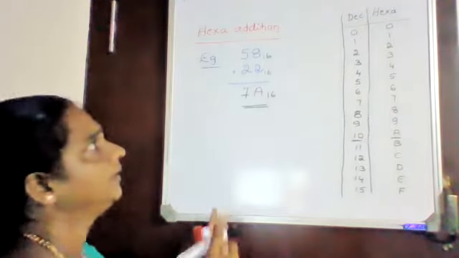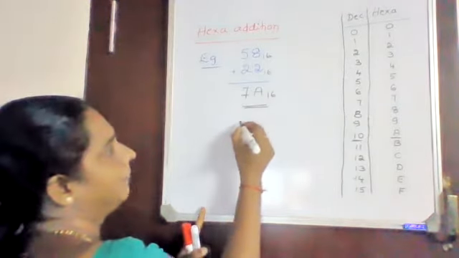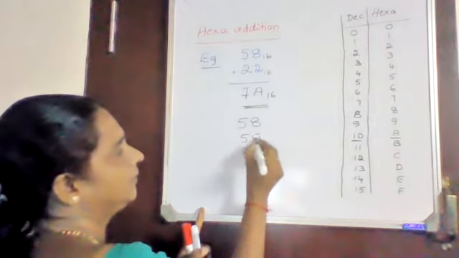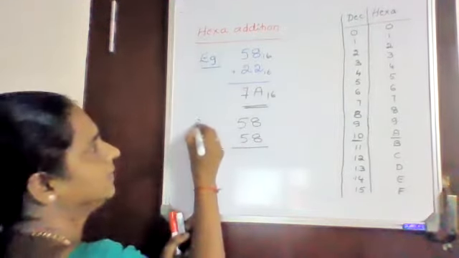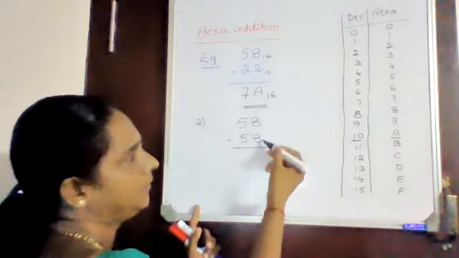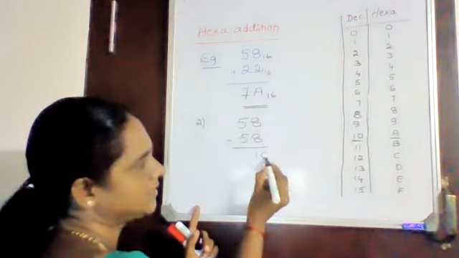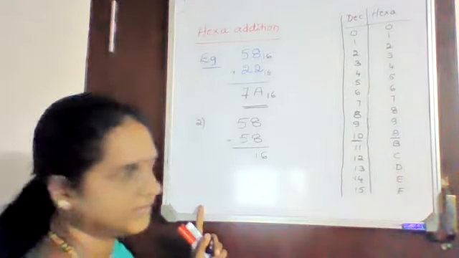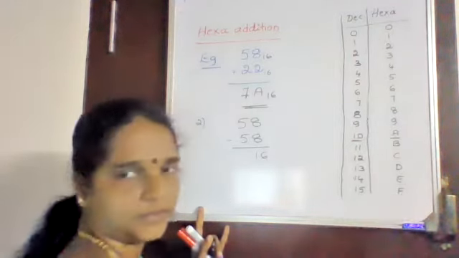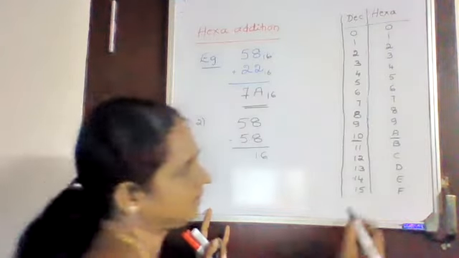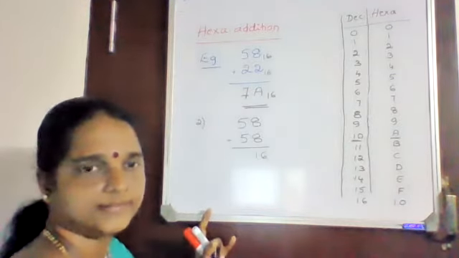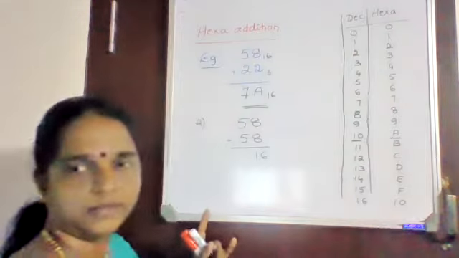Now one more example. Second example, we'll add 58 with 58. See, 8 plus 8 is 16 in decimal, right? But up to 15 in decimal, we have the corresponding hexadecimal digit. 16 is to be written as 10. It is not 16, it is 10 in hexadecimal.